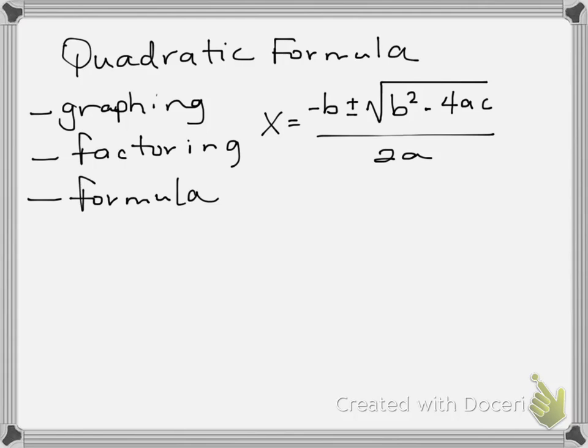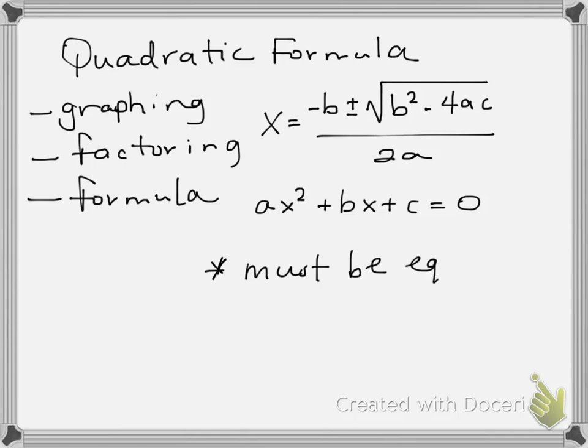Now, these a, b, and c values come from the standard quadratic form, which is ax squared plus bx plus c equals 0. In order to use the quadratic formula, you must be equal to 0. If you're not equal to 0, you cannot do this. Okay, so you got to be equal to 0.